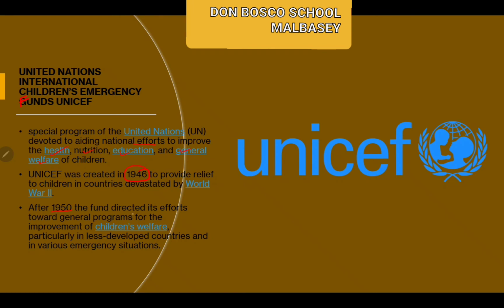After 1950, the fund directed its efforts towards general programs for the improvement of children's welfare, particularly in least developed countries and various emergency situations.